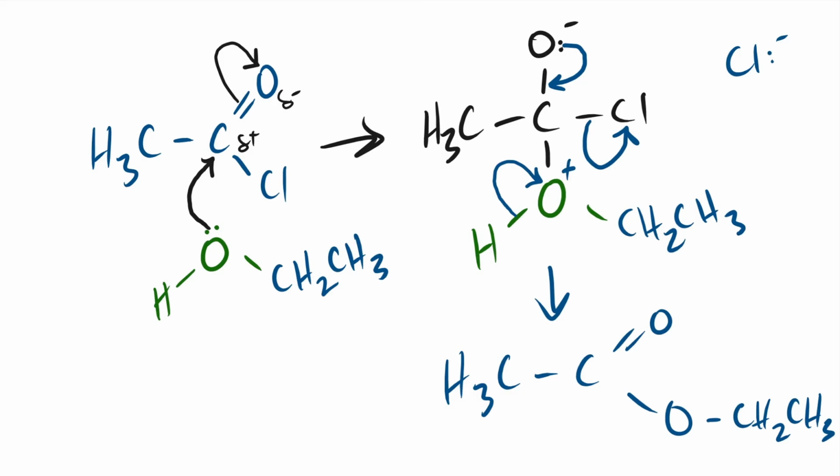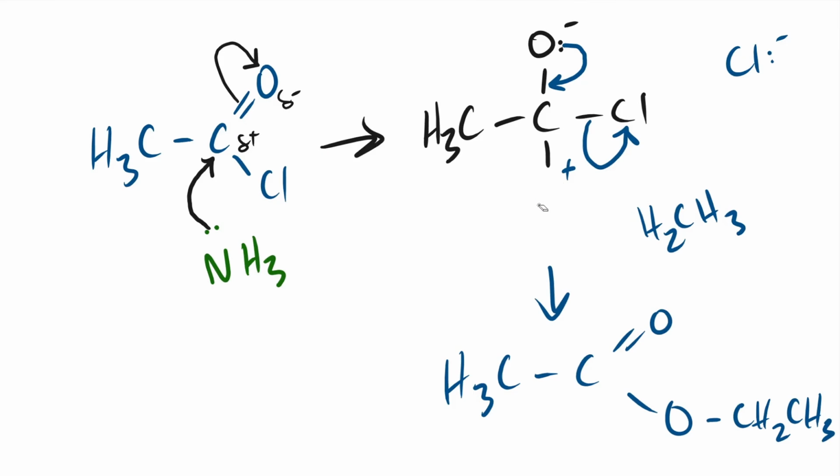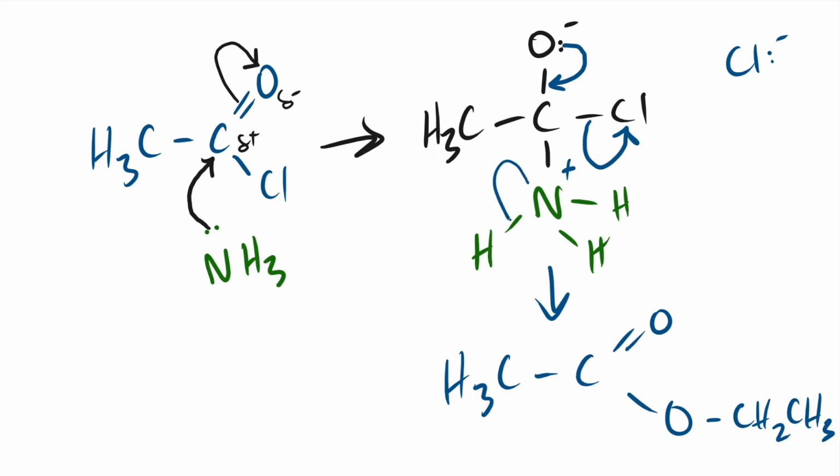Right, and when we're dealing with ammonia, that's our next nucleophile. Let's change this up slightly and put NH3 here. That's going to come in, attack our carbon. The exact same things are going to happen. Let's rub out this, make it a nitrogen here. Very similar to with the water and the alcohol, one of these hydrogens is going to donate its electron back onto the nitrogen to make it neutral again.